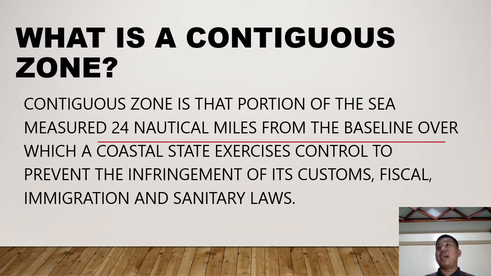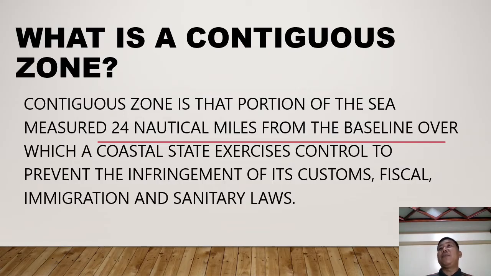What else? Fiscal. So even collection of taxes can be carried out by the Philippine government within the 24 nautical miles contiguous zone. Or the immigration laws, as there are aliens without papers or documents and yet they are in a yacht, passing through the 24 nautical miles.